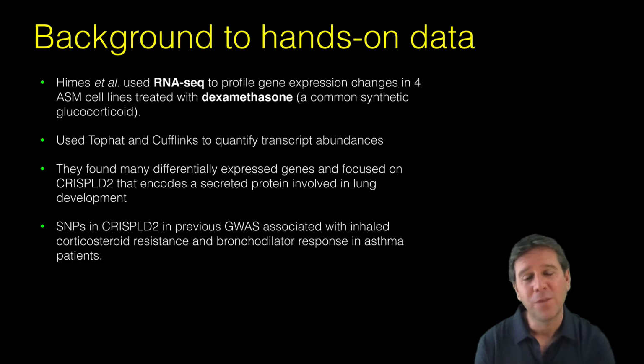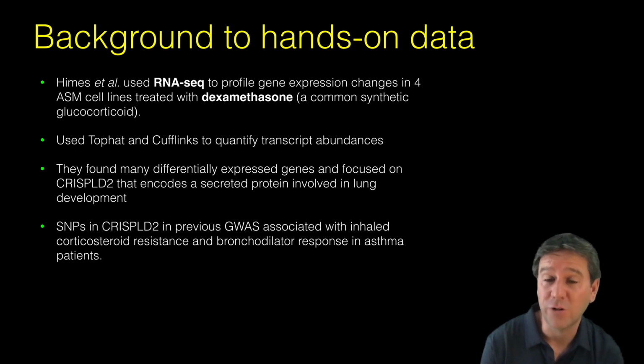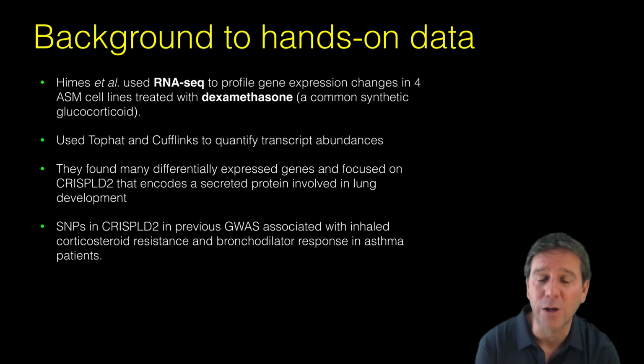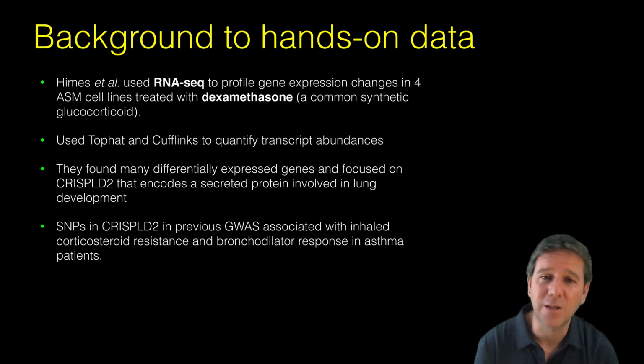In fact, they and others had found SNPs in CRISPLD2 in previous GWAS studies that were clearly associated with inhaled steroid resistance. This bronchodilator response wasn't as effective for certain patients who had SNPs in this gene. And this data, together with this RNA-Seq data, strongly suggests that this is an important gene for mediating the effects of this class of drugs in asthma patients.